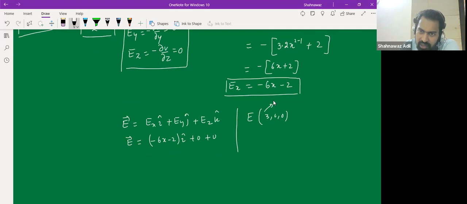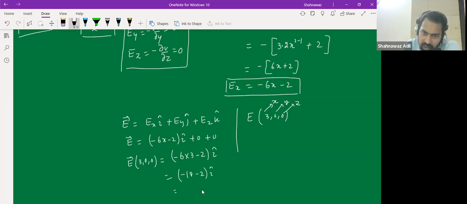So x is 3, y is 0, and z is 0. This would be minus 6 into 3 minus 2 i, so this would be minus 18 minus 2 i hat, which means minus 20 i.